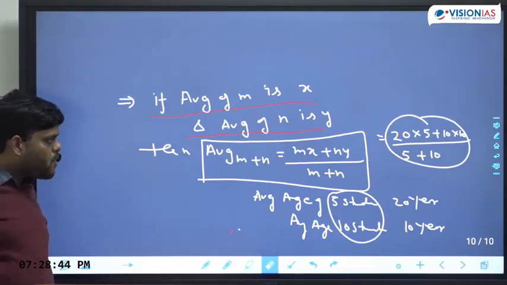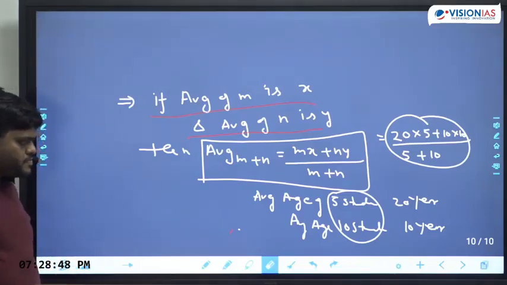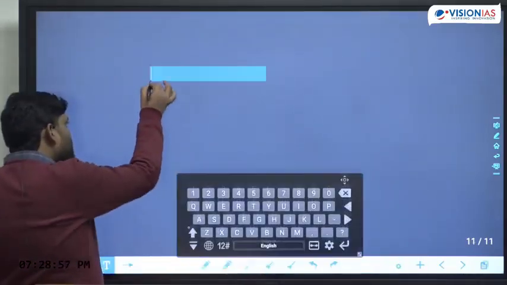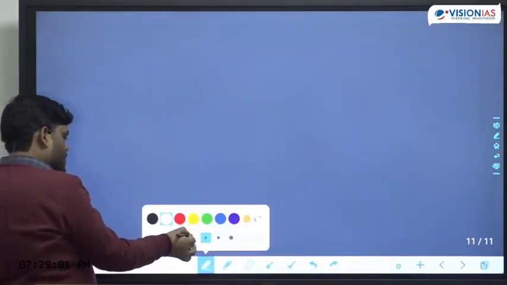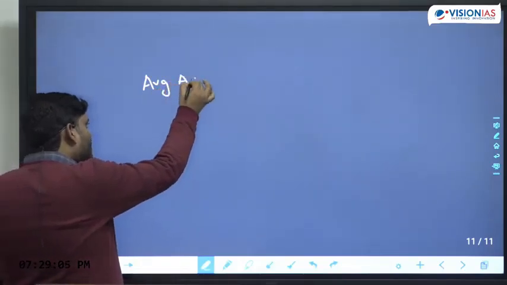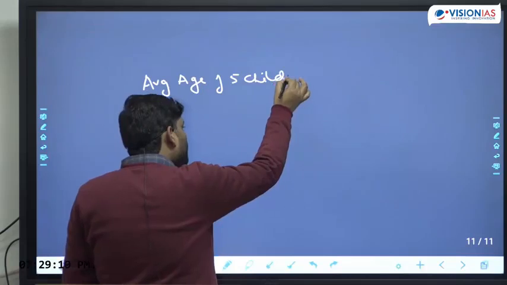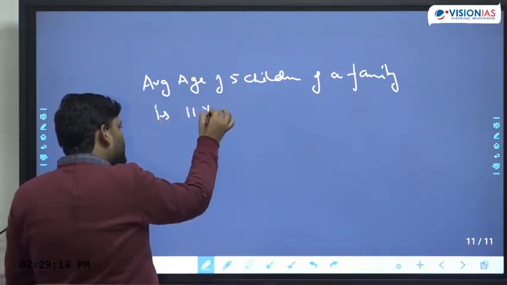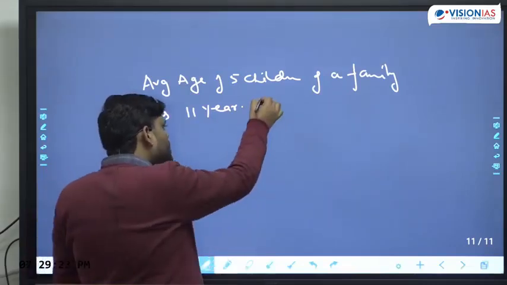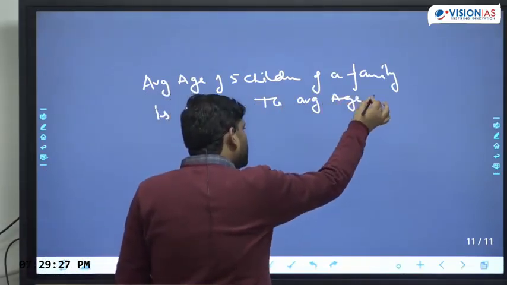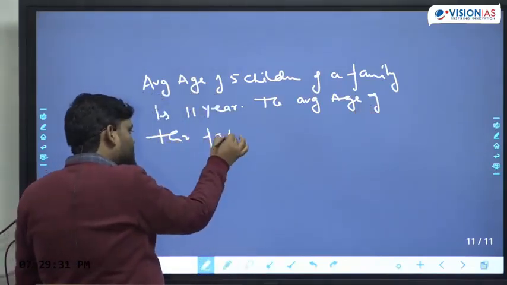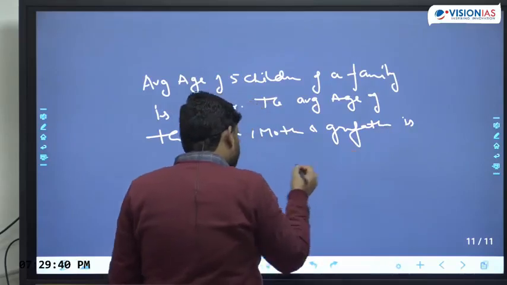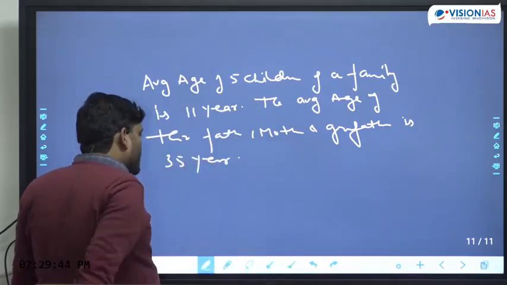Is this making sense or not? Okay, note down a question. The average age of 5 children of a family is 11 years. The average age of their father, mother and grandfather is 35 years.